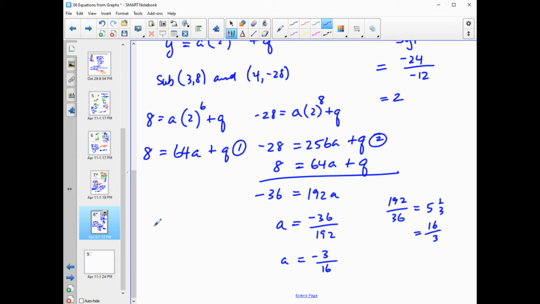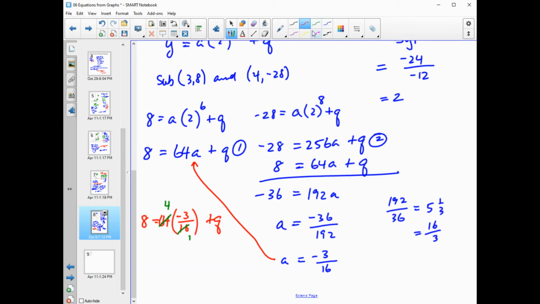That's my a value. And then I'm going to take this a value and sub it into equation 1. That'll find my q value. 8 equals 64 times negative 3 over 16 plus q. 16 goes into 16 once, and 16 goes into 64 4 times.